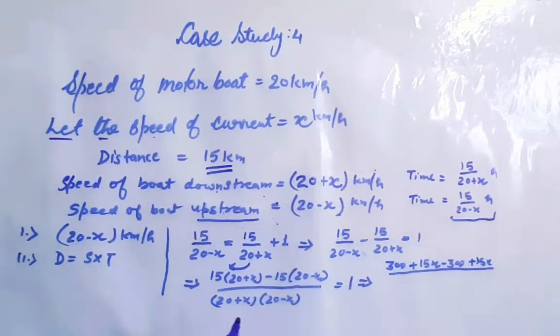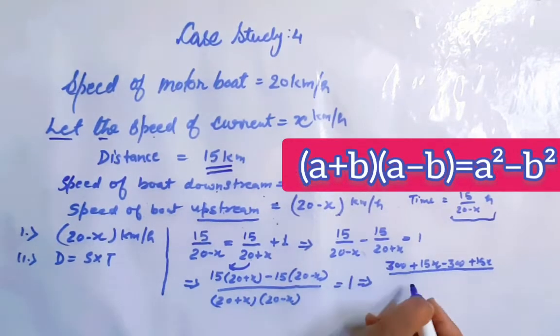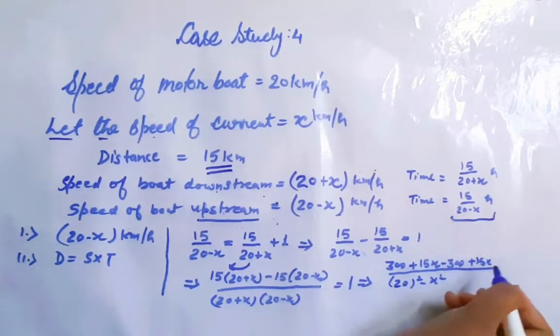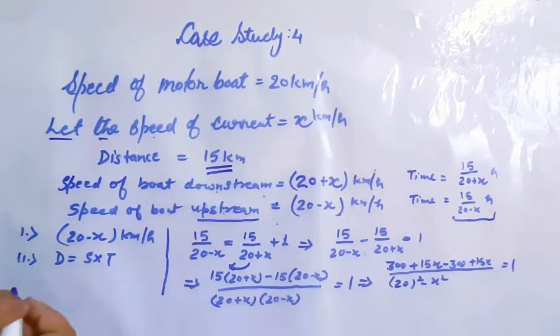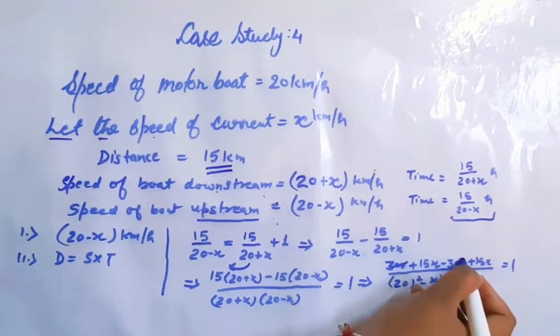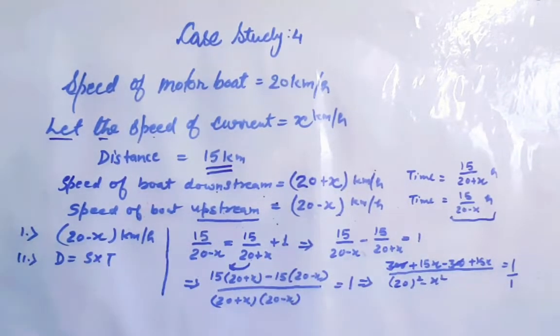Upon, here you can use a plus b whole multiplied by a minus b, which is equal to a square minus b square, that is 20 square minus x square, is equal to 1. Now simplify it. 300 is cancelled with 300.